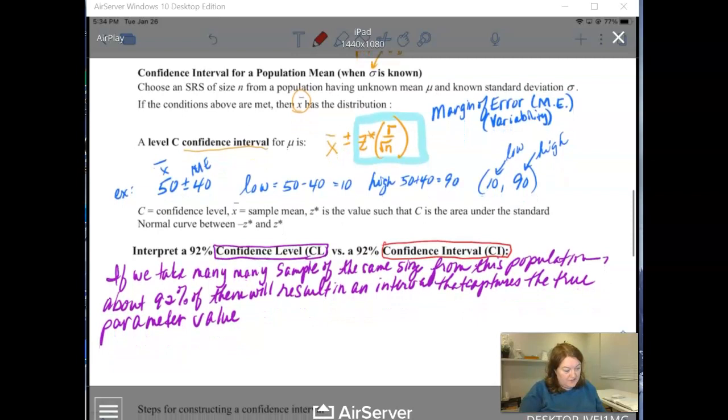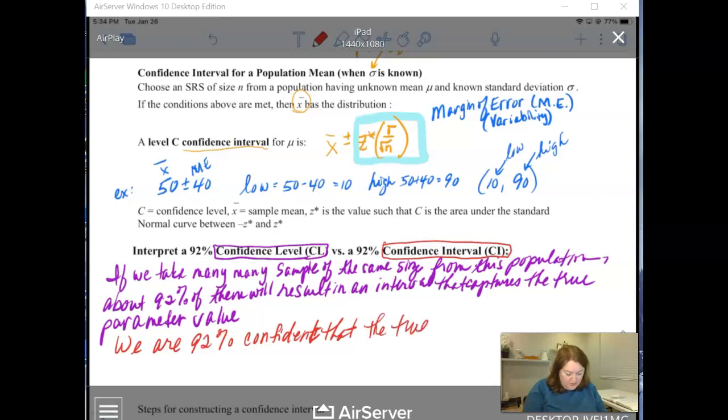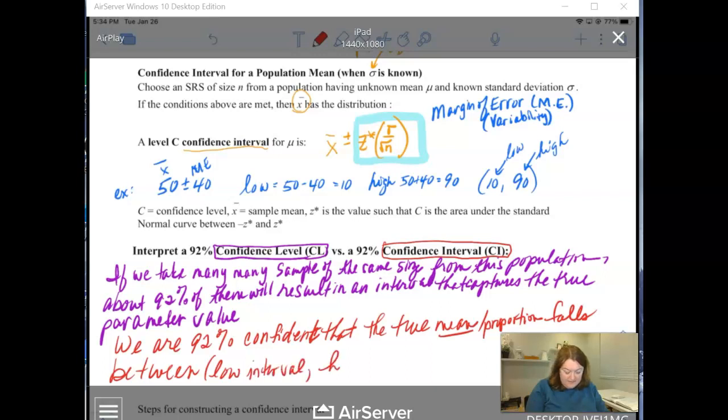For that one, we want to start out with: we are 92% confident that the true mean or proportion falls between, and then we give them the interval, between low interval and high interval.